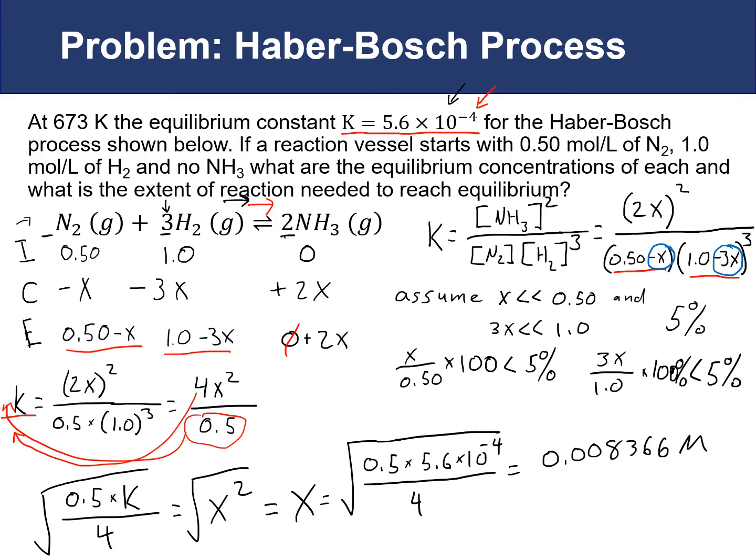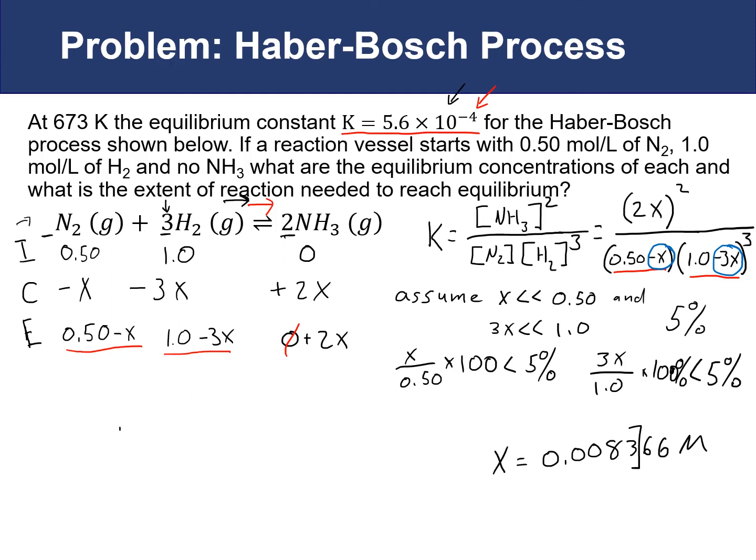In terms of significant figures, this is actually 5.0, so we would cut it to 2 significant figures. To find our equilibrium values, we'll need a little bit of room, so I'm going to clear out some of our values, keeping our x. So we have x equaling 0.008366 molar. We will need to cut and round between the 3 and the 6.